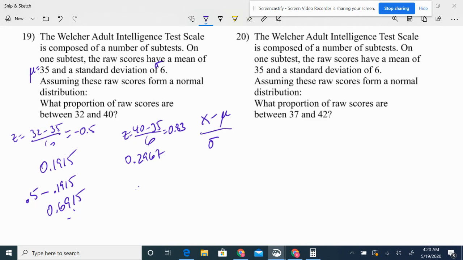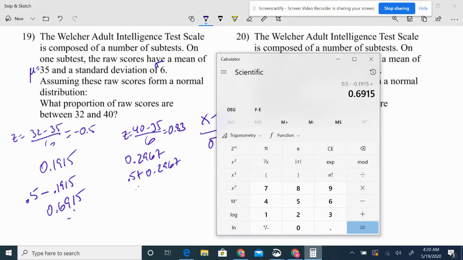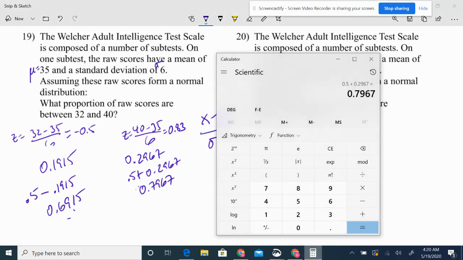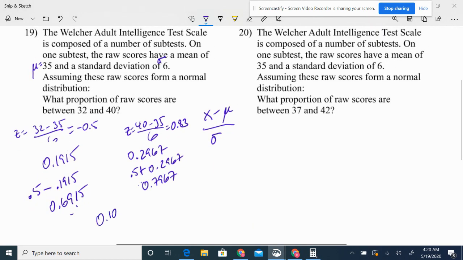Now, my other case, I have to go 0.5 plus 0.2967. Not that I made a mistake. I was just checking if you guys were awake. So that gives me 0.7967. Now let me subtract those two values. And it gives me 0.1052. So about 10.52% of people are going to score between these two values.